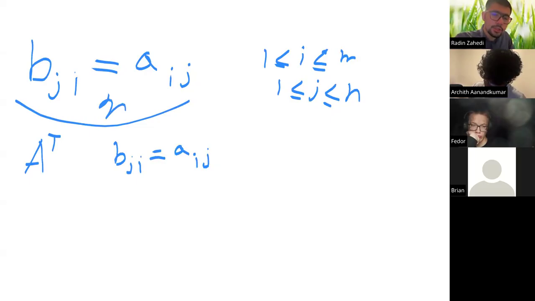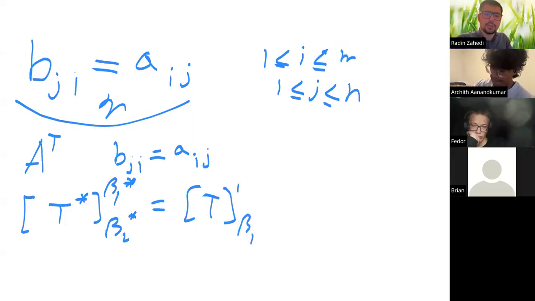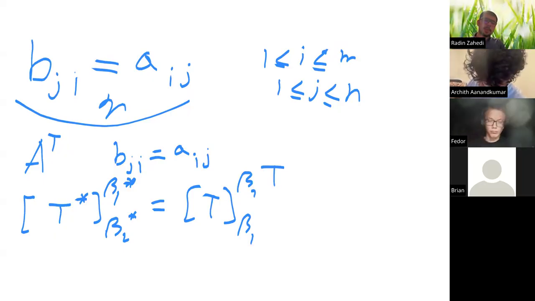So a striking fact here is that the matrix of the dual map with respect to the dual basis is just the transpose of the original matrix with respect to the original basis. So we have found another interpretation of the concept of transpose. It can be thought of as the relevant matrix of the dual map.